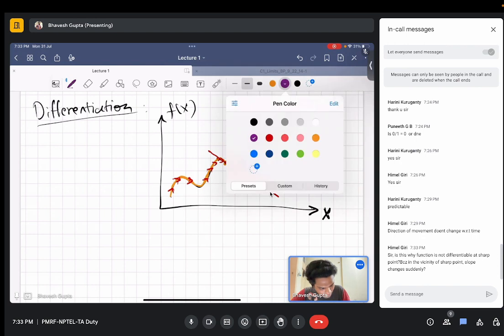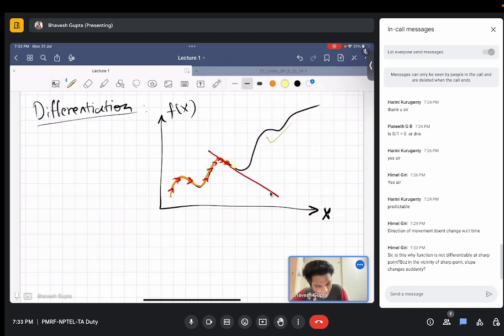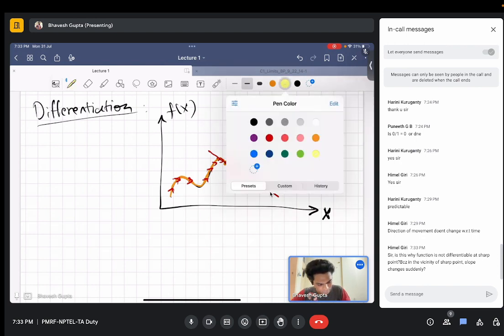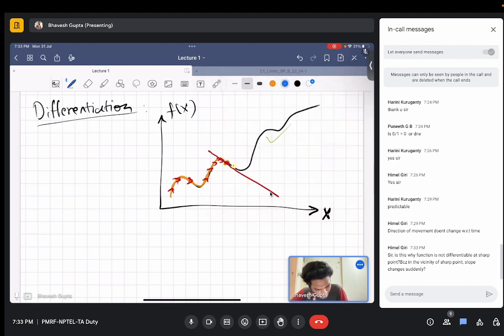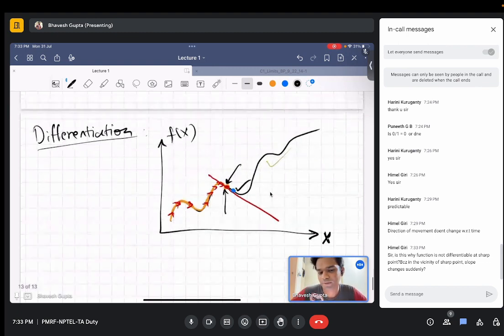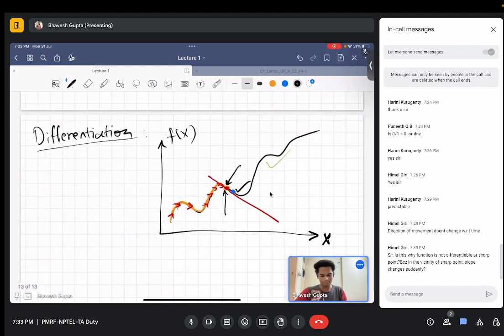Let me use another color, maybe blue. You can estimate this blue point just because you know the information about this point and the slope at this point. Let me tell you how and why I am saying that.